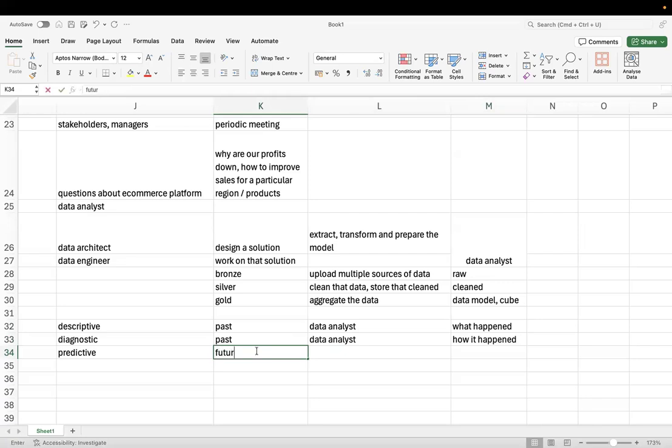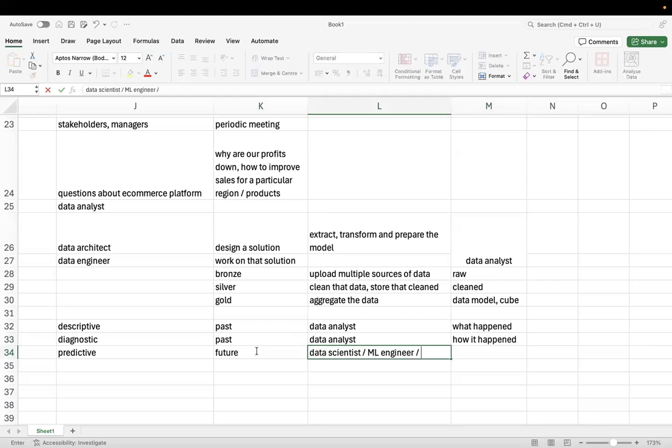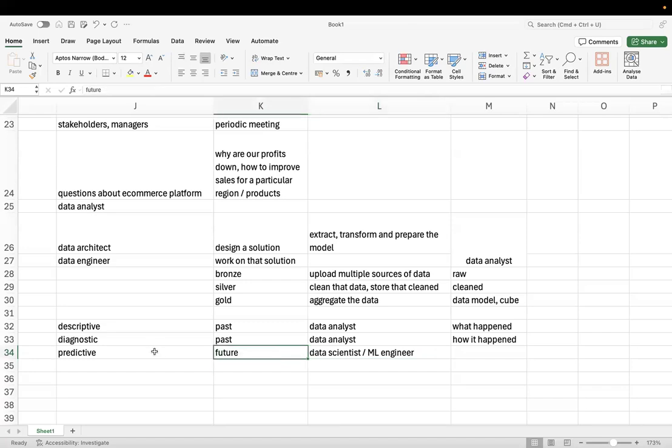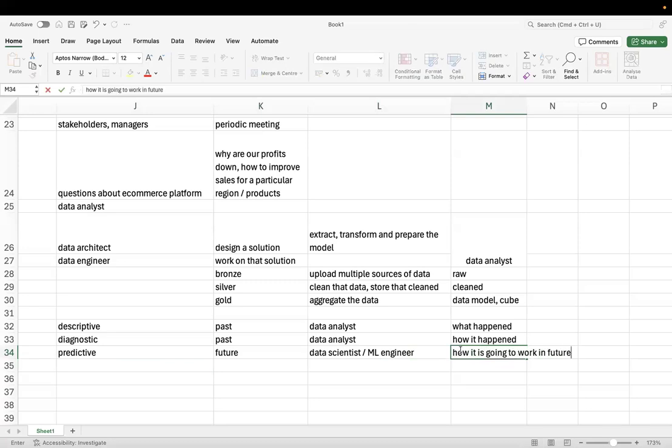Predictive is going to be the future, guys, and that is for data scientists and ML engineers. The terminologies could be different, but I'm giving a general term for the engineers who are going to use AI. All of those are going to work on the future. They are going to say how things are going to work in the future.